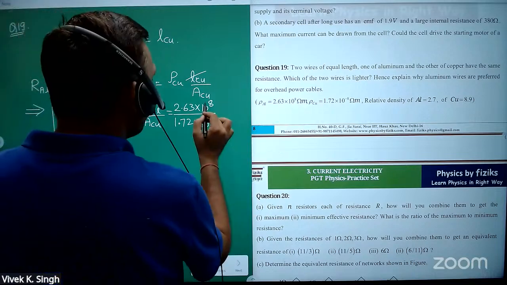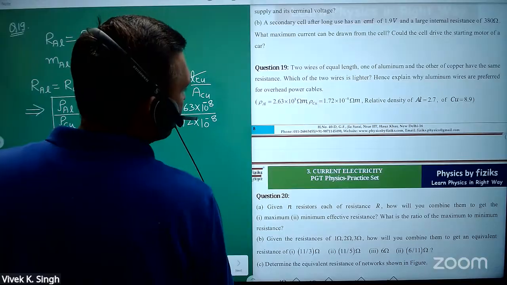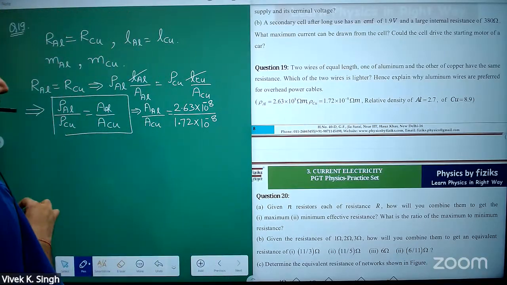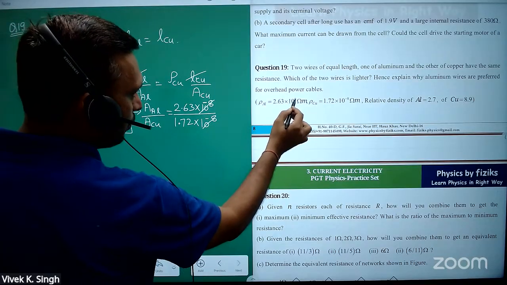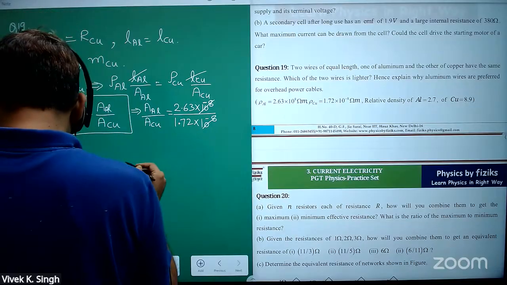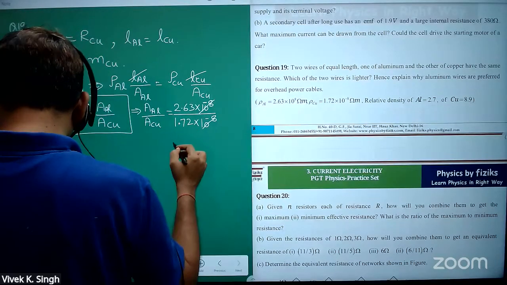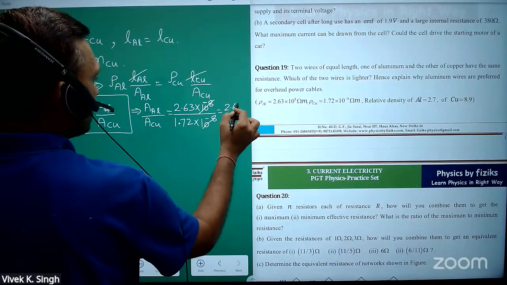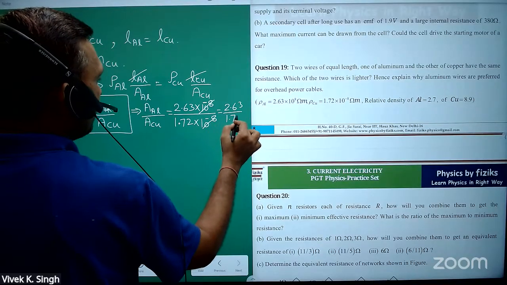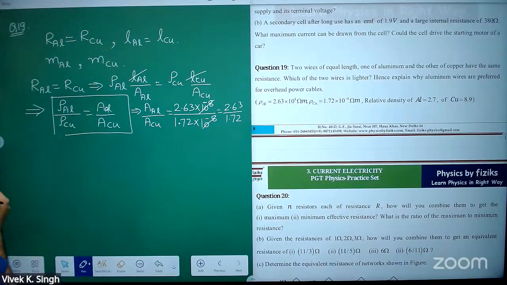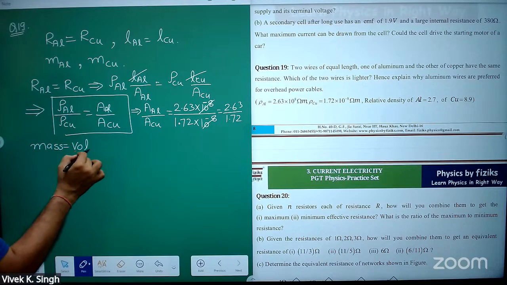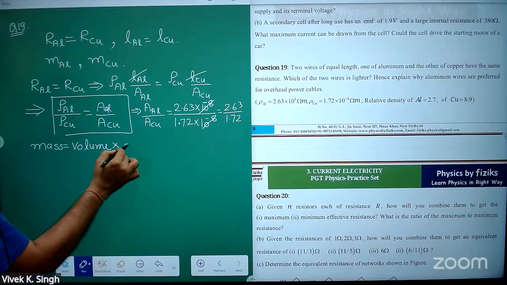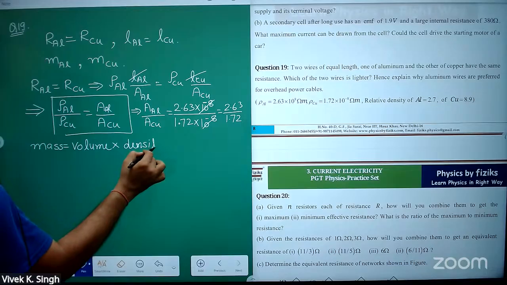This is also minus 8, please correct it. So this will cancel out. So this ratio is 2.63 by 1.72. Now if we write mass, we know that mass is volume into density.